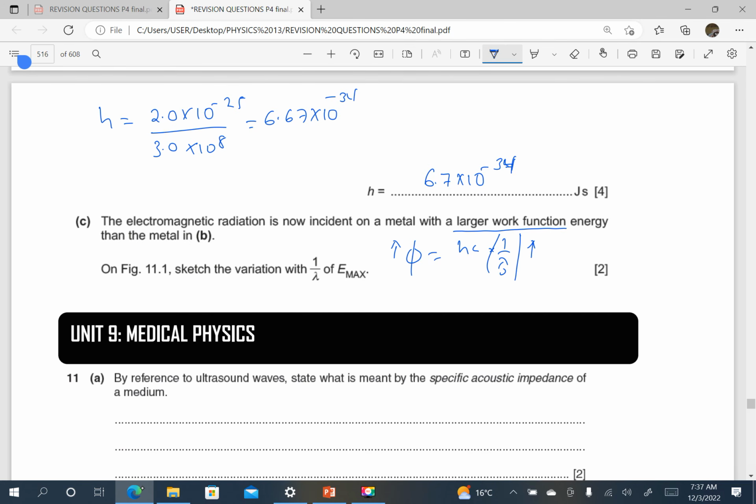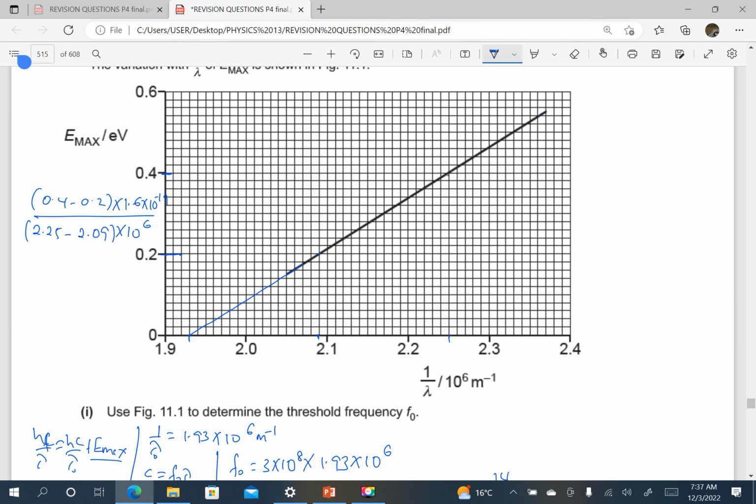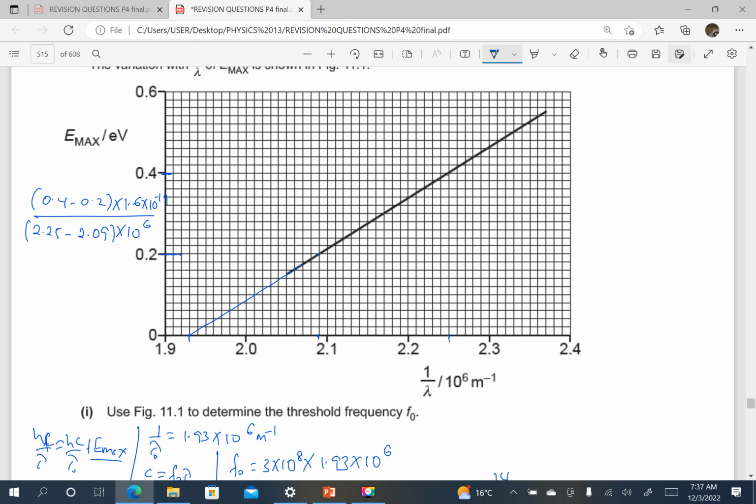That means 1 over lambda naught should be on the right of the already existing graph. Since they didn't give us the value of the work function, I'll just draw a line on the right of the one which is already there. The line must be parallel with a higher value of 1 over lambda naught.